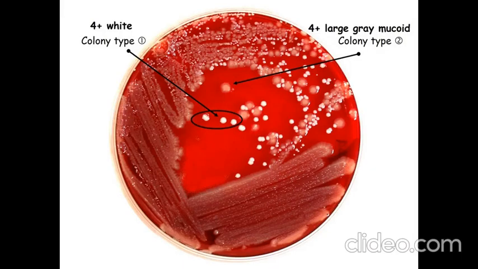Now we're looking at that 4+ white, and this is looking like a gram-positive cocci. Still should colony gram stain it to confirm, make sure that we know what it is before we're going to report anything out. But at that point, we could say, let's do a catalase test.